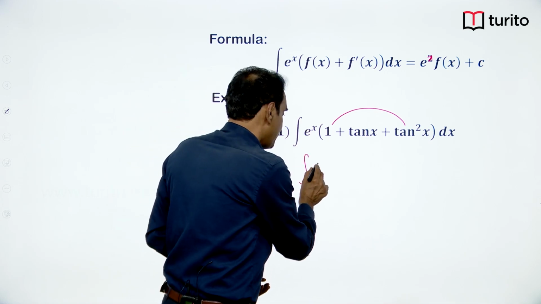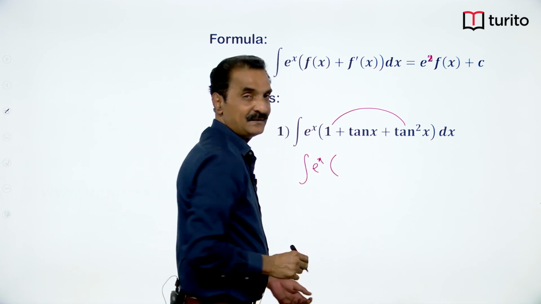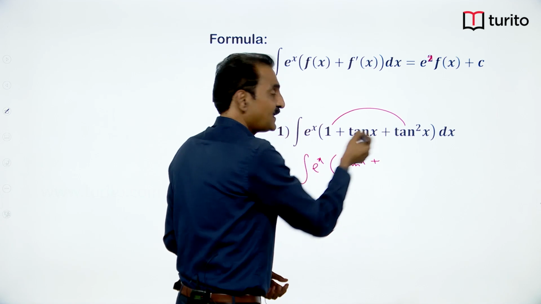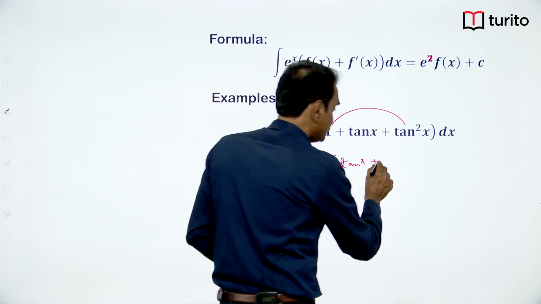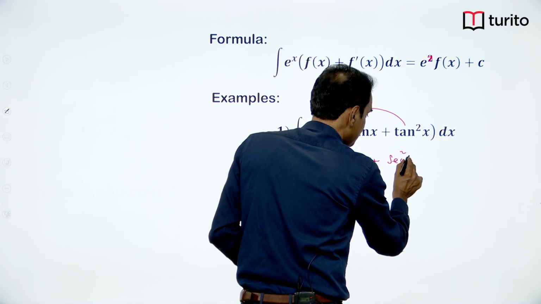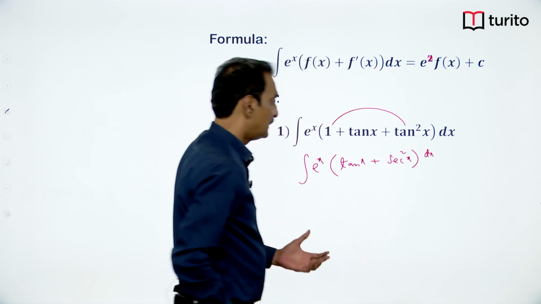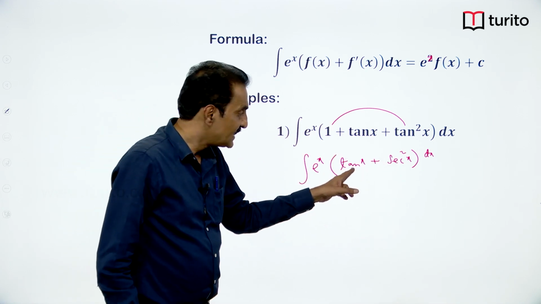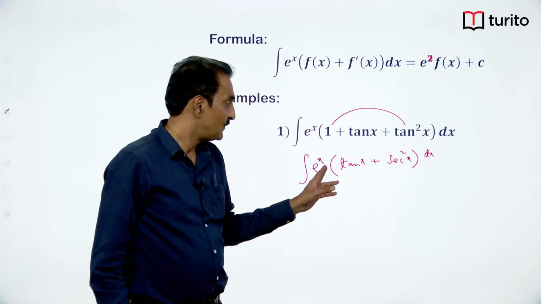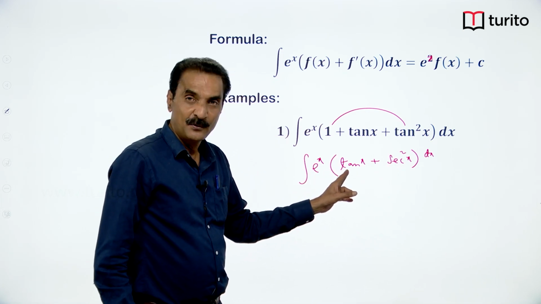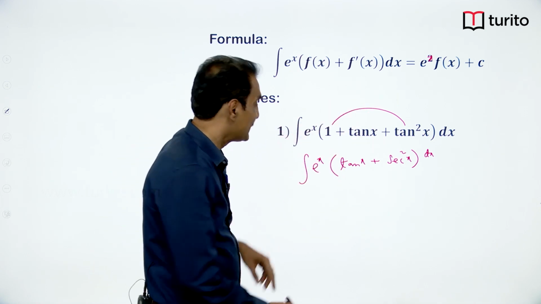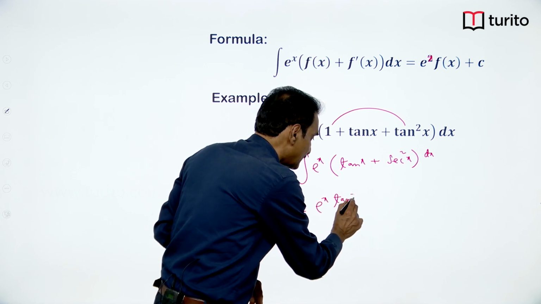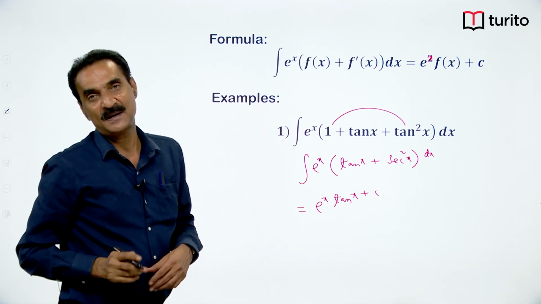So, it is integral e power x into tan x plus 1 plus tan square x, which is secant square x. Now, we know that derivative of tan x is secant square x. So, this is f of x, this is f dash x. So, the integral of e power x into f of x plus f dash x is e power x f x. So, it is e power x into tan x plus c.